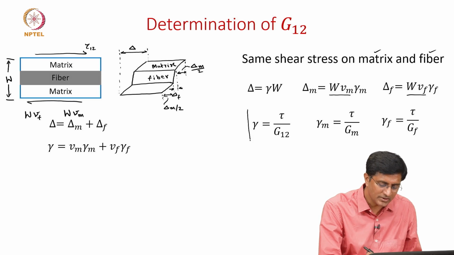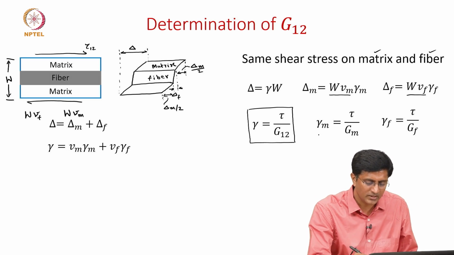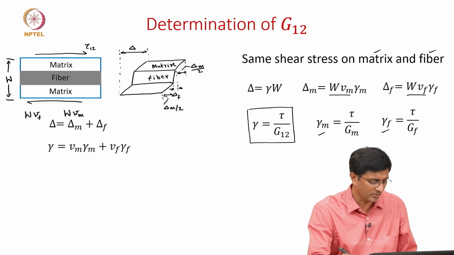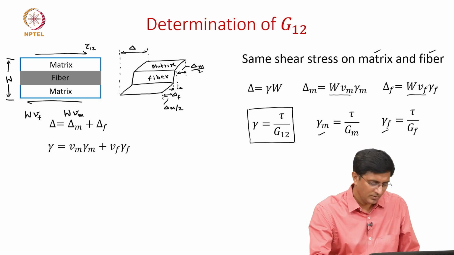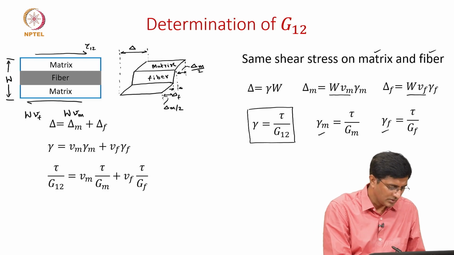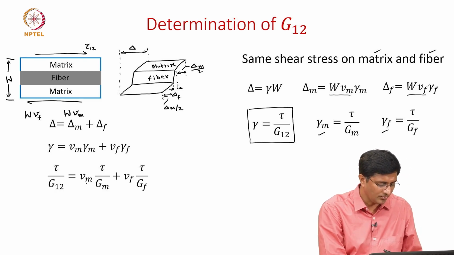We know that the shear strain is given as the ratio of the shear stress to the shear modulus. Similarly, we can write expressions for the shear strain in the matrix and the shear strain in the fiber. And once we plug in these equations in this expression, we get the shear stress tau by G12 written in terms of the same ratio times the volume fractions.